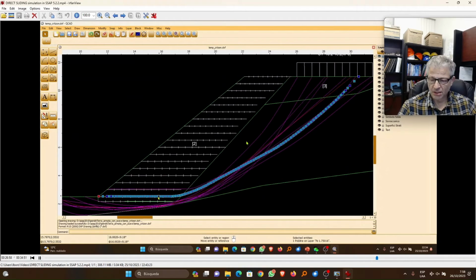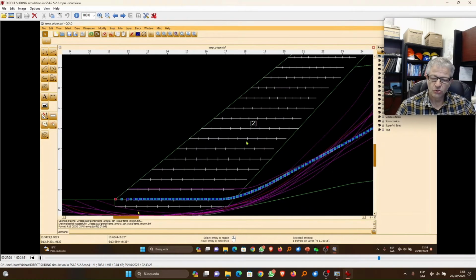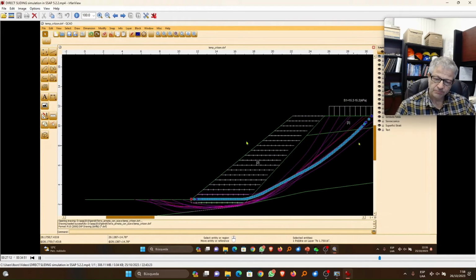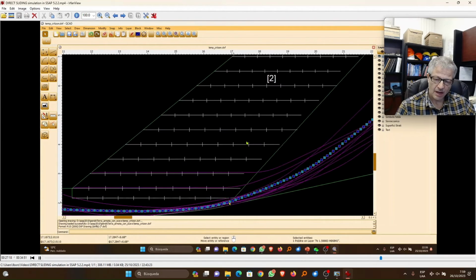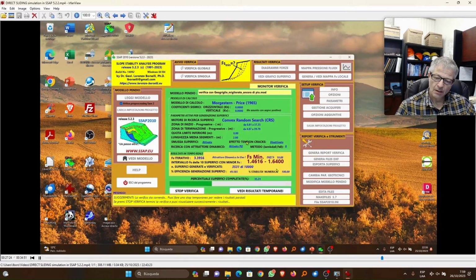This is another possibility, of course not circular and prevalent, but without the sniff random search you can't preferentially trace this kind of weak layer at the interface between the soil and geogrids.